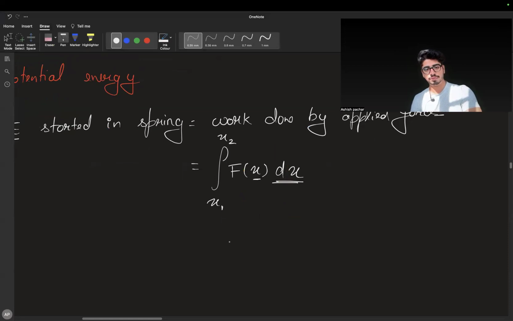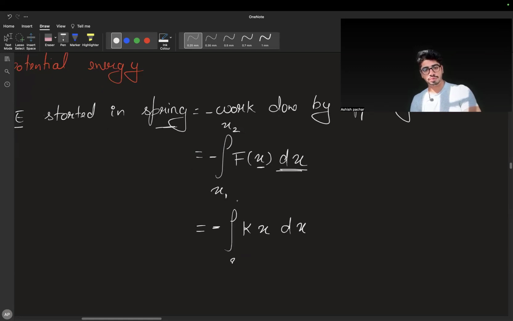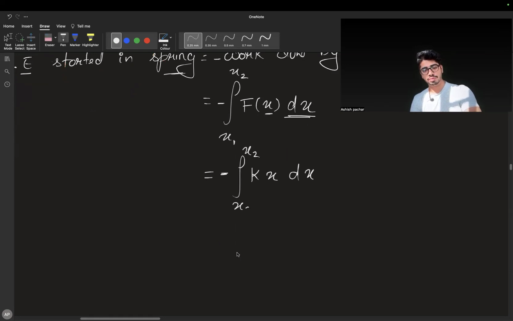I can put the negative sign if I have to find the work done by the spring. Right now, the work done by me is what gets stored, so I put the negative sign because this is just the opposite of that one. The spring force is kx, integrated from x1 to x2. The k is just a constant.